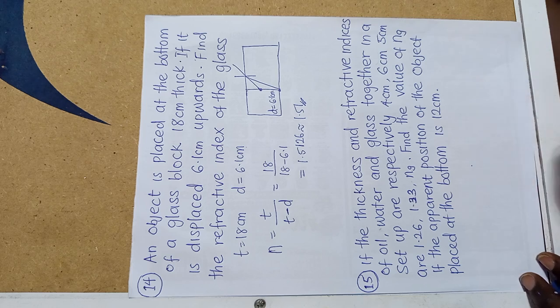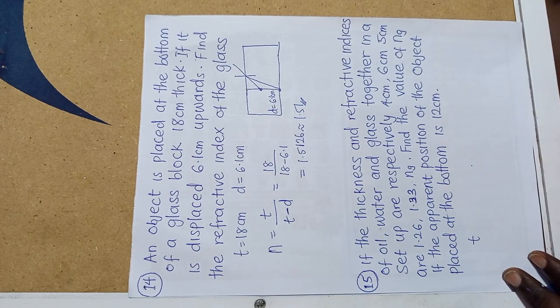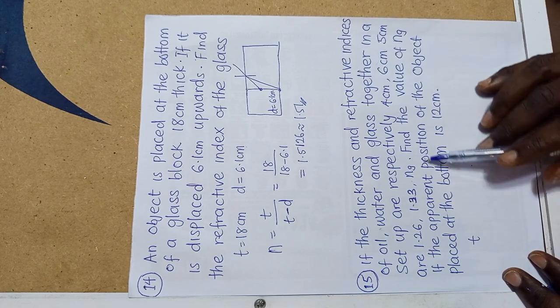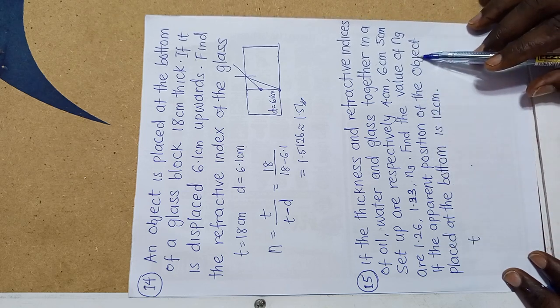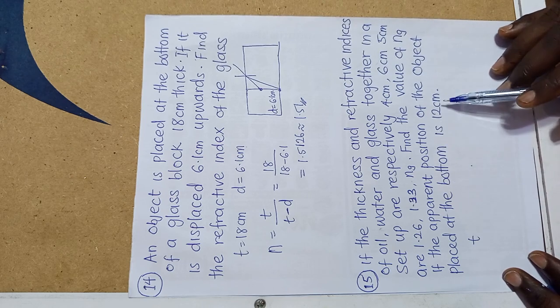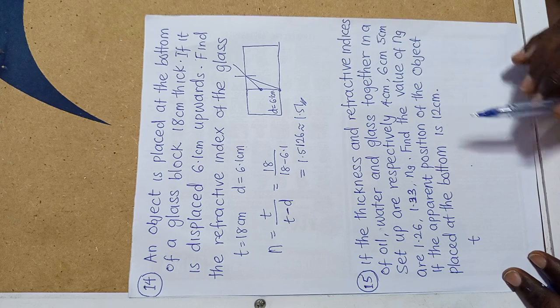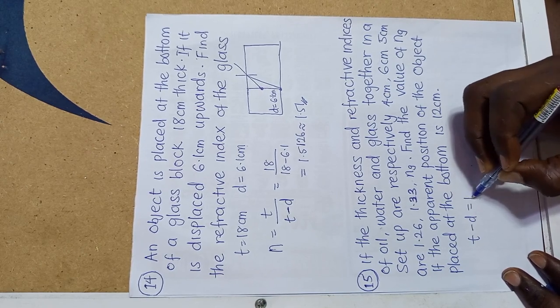Now, I will stop this question halfway. First of all, you need the T total. They say find the ng if the apparent position of the object placed at the bottom is 12 centimeter. So they've already given you T minus D as 12.